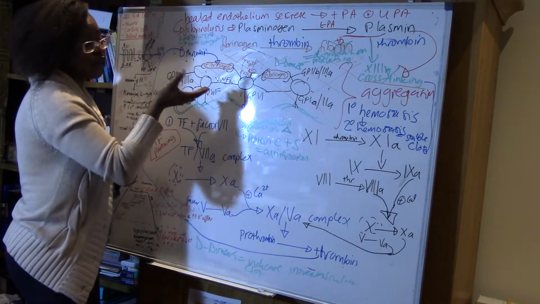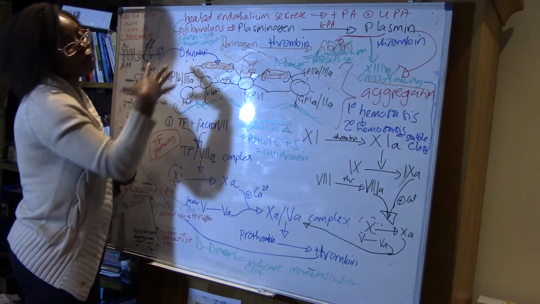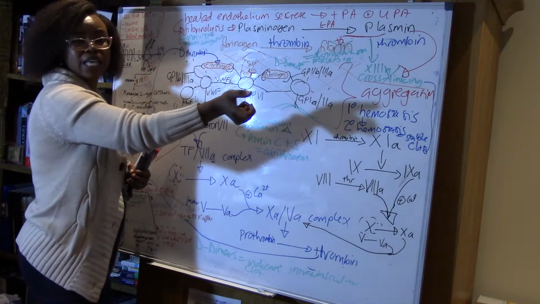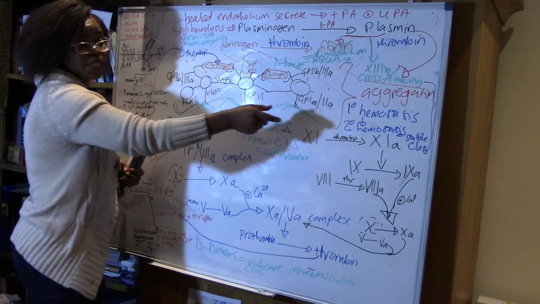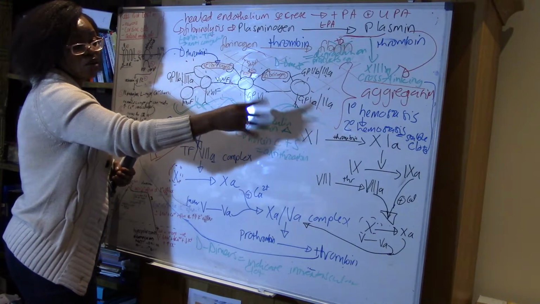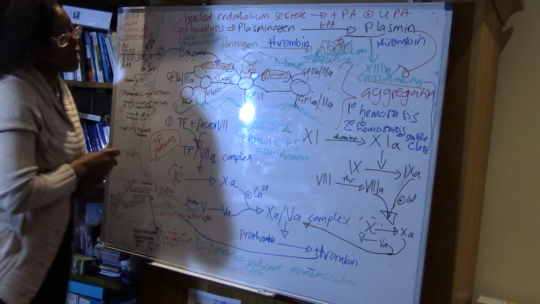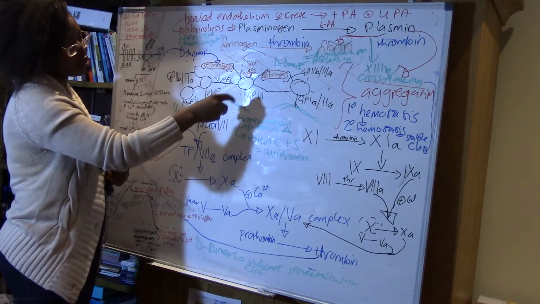Also aspirin, for example, inhibits COX enzymes, especially COX-1 and obviously COX-2 as well, again inhibiting platelet activation.